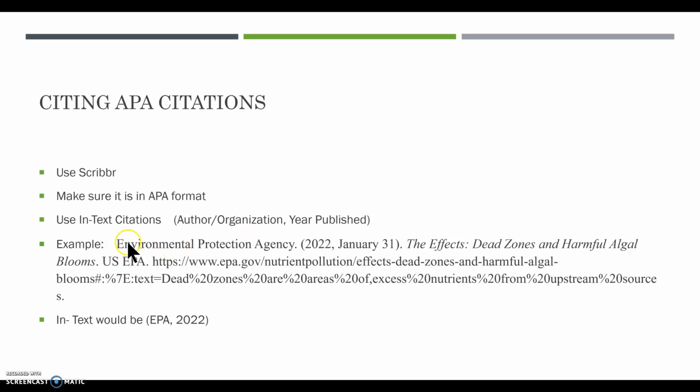So, for example, using this Environmental Protection Agency article, this would be the APA format, and then the in-text would be EPA, and then the year that it was published, which is 2022. If you have any questions about that part, please make sure to reach out to me and I can give you those resources again, but they are required.